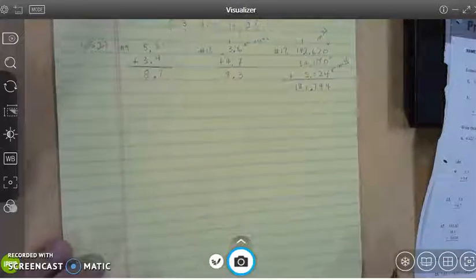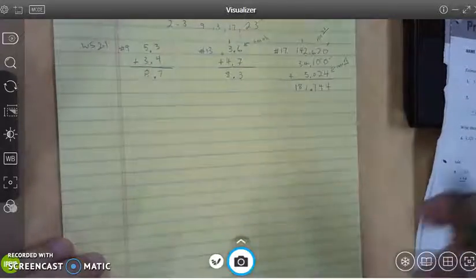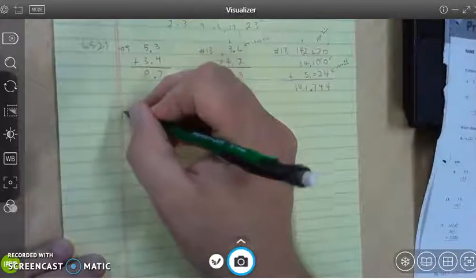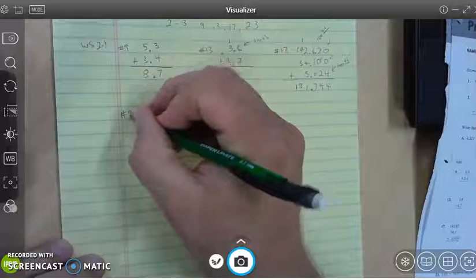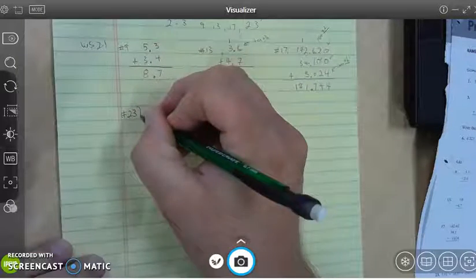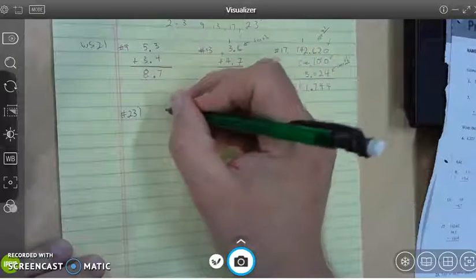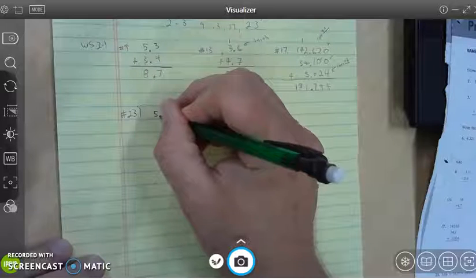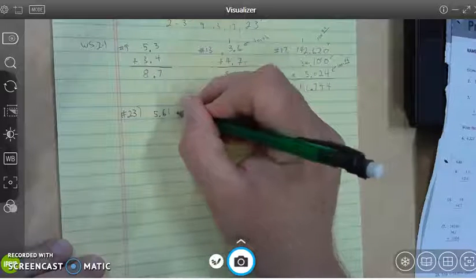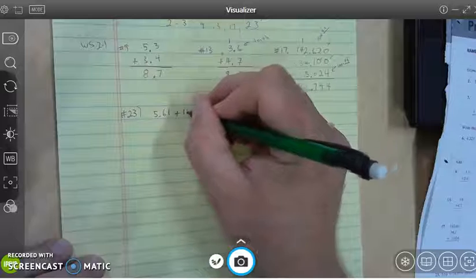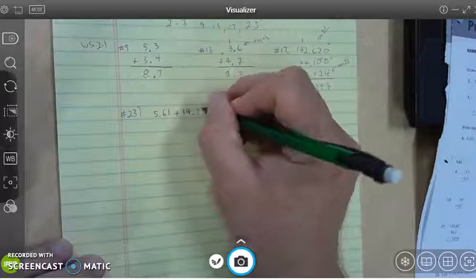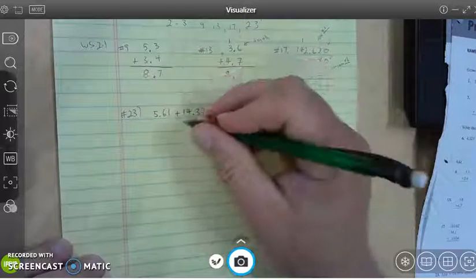We're going to move to number 23. And 23 starts off as what we call horizontal. But I don't really like doing it this way, and where you're going to need to be able to do this is just most likely with prices.